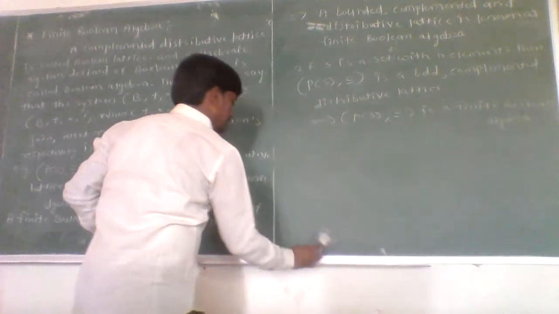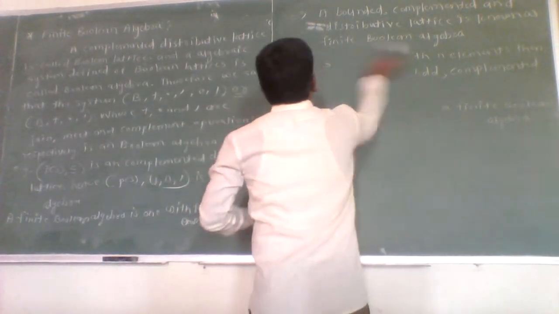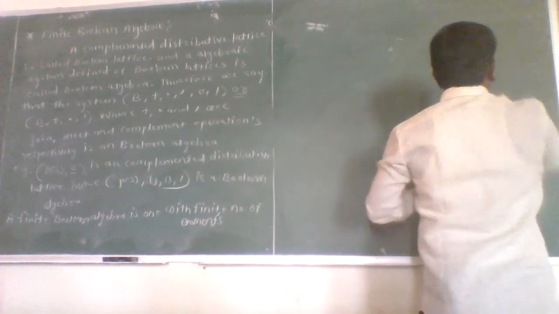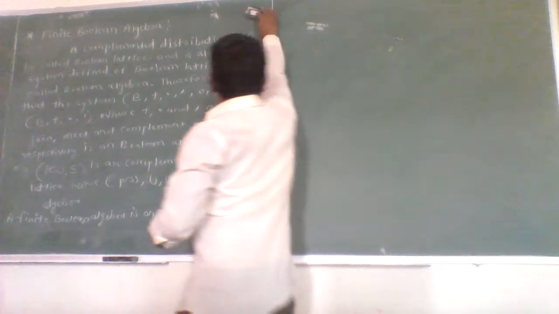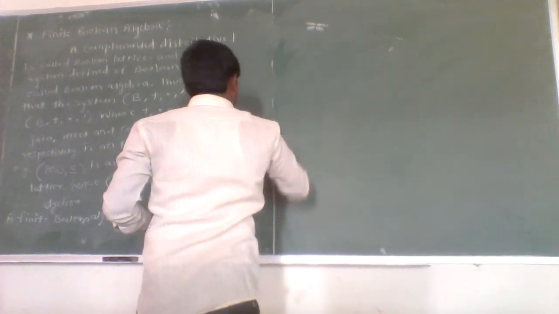Now there is one note, or one result. From this we can easily check whether the corresponding lattices are finite Boolean algebras or not.